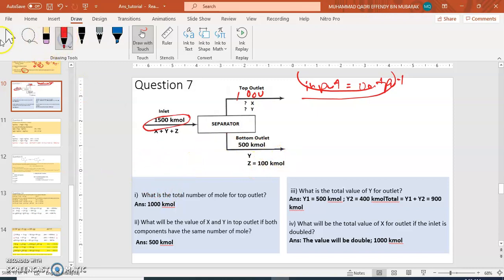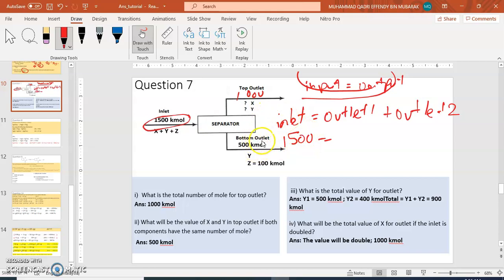So we need to know that inlet equals outlet 1 plus outlet 2. So we have inlet 1,500.